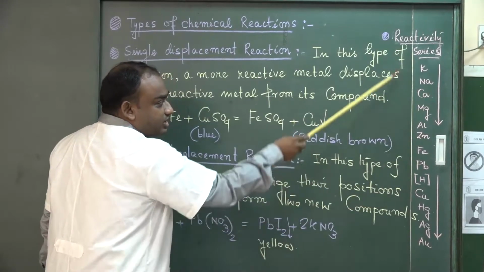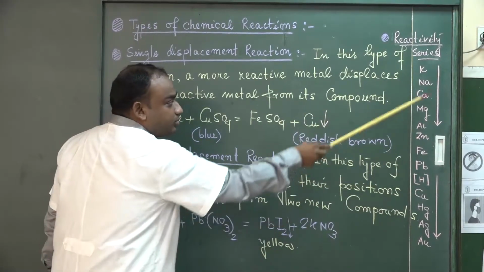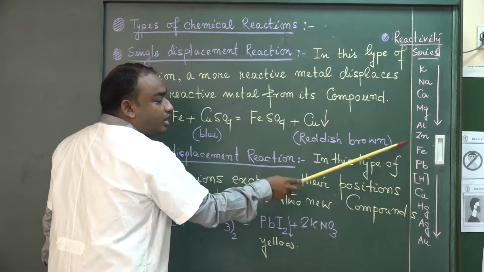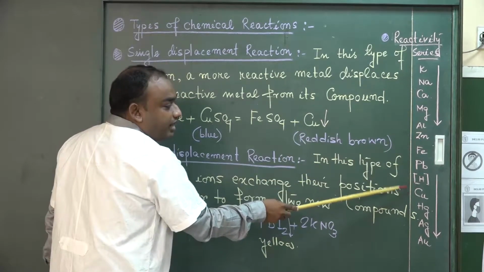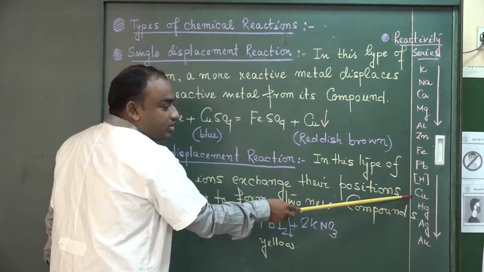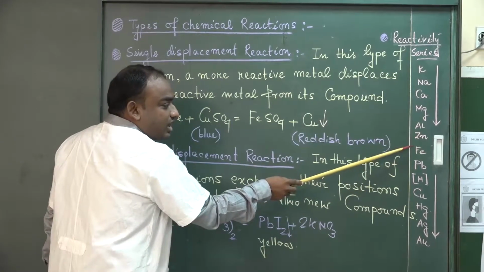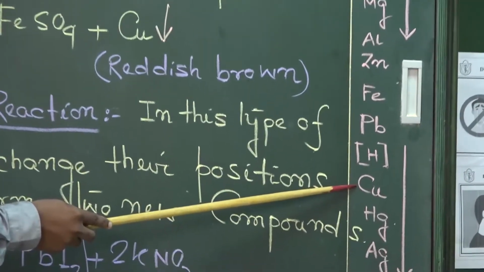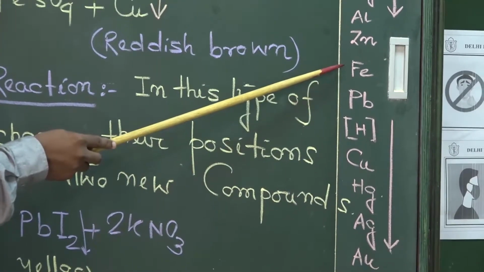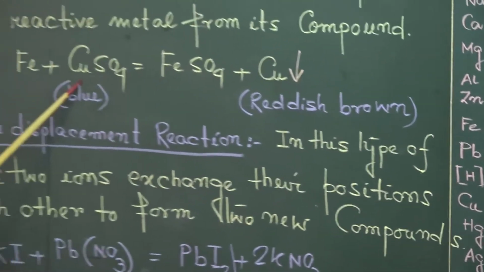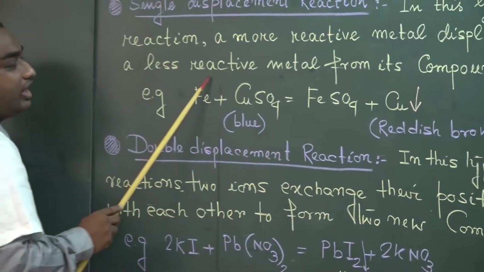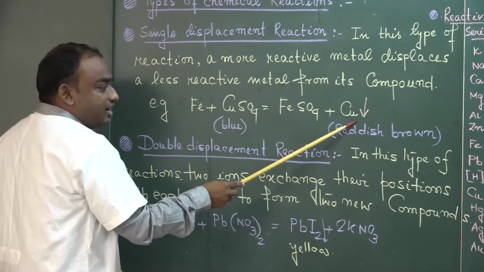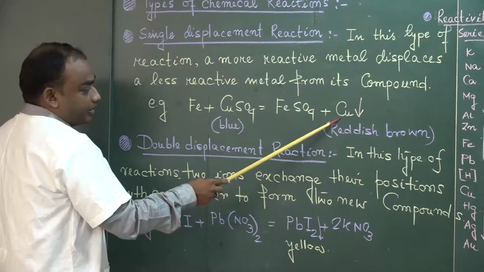According to the series, if we move down, the arrow is already representing the fact that the reactivity gradually decreases. So, since iron is placed much higher in comparison to copper, definitely iron is going to replace this copper. That is why we are getting ferrous sulphate along with the formation of this reddish brown precipitate of copper.